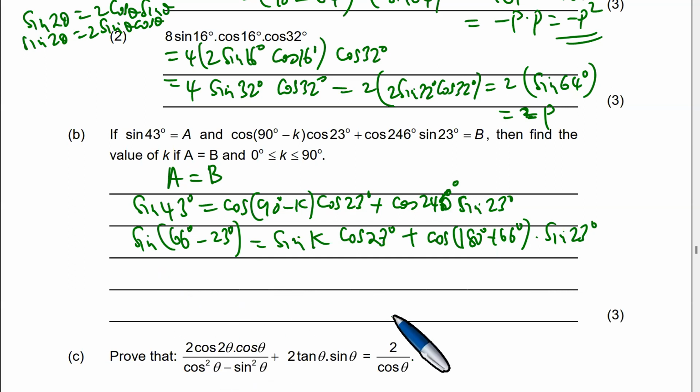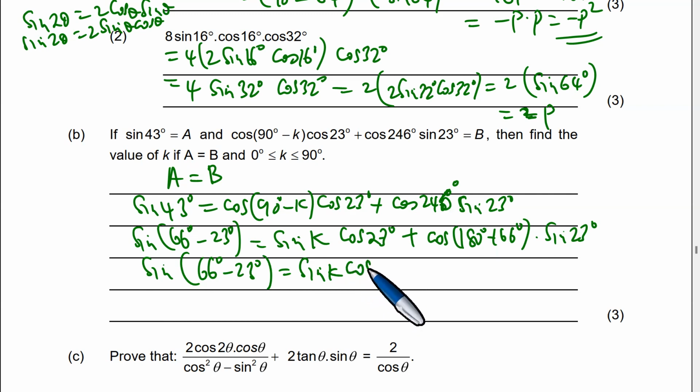Okay, so what is happening? Let's look at this one. This is the sine of 66 minus 23 degrees, equal to sine K cosine 23. Then 180 plus 66 is in the third quadrant where cosine is negative, so it's minus cosine 66 sine 23 degrees.